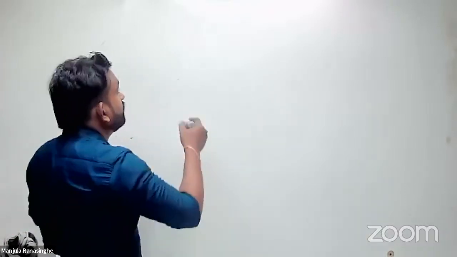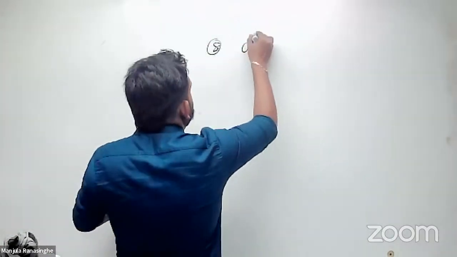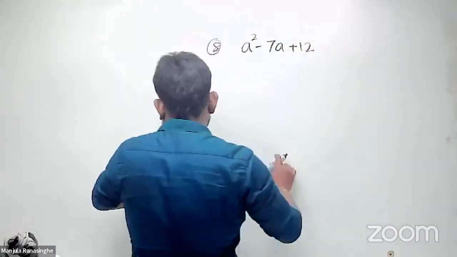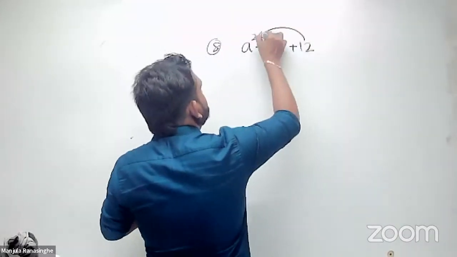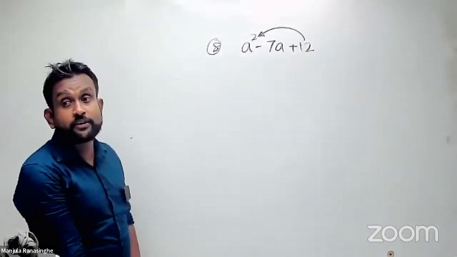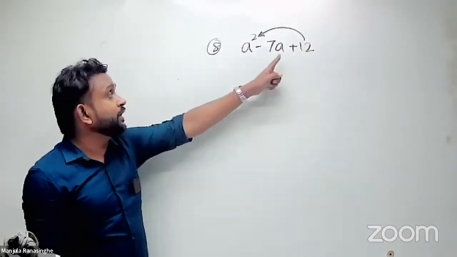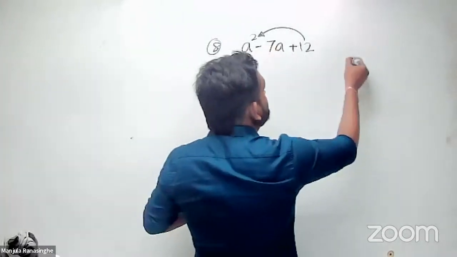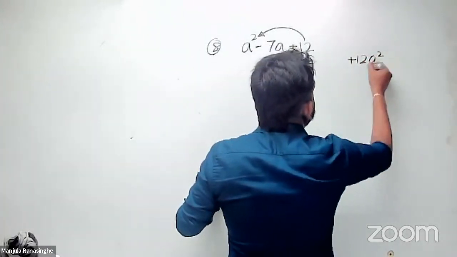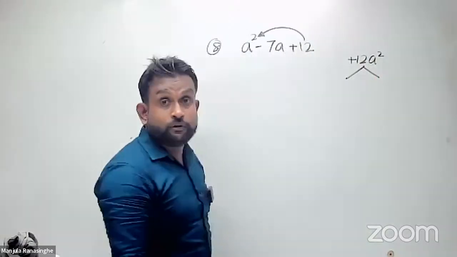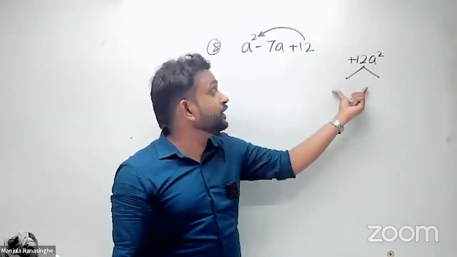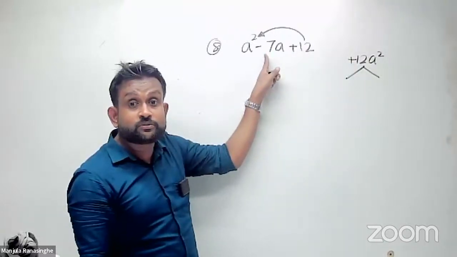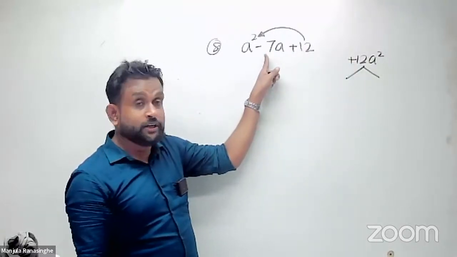That is a squared minus 7a plus 12. Now check plus 12 into a squared. That is a trinomial quadratic expression. So you multiply plus 12 with a squared, then that gives you plus 12a squared. Now you check the multiplication, it shall give plus 12, and the addition of those two terms gives you minus 7a.